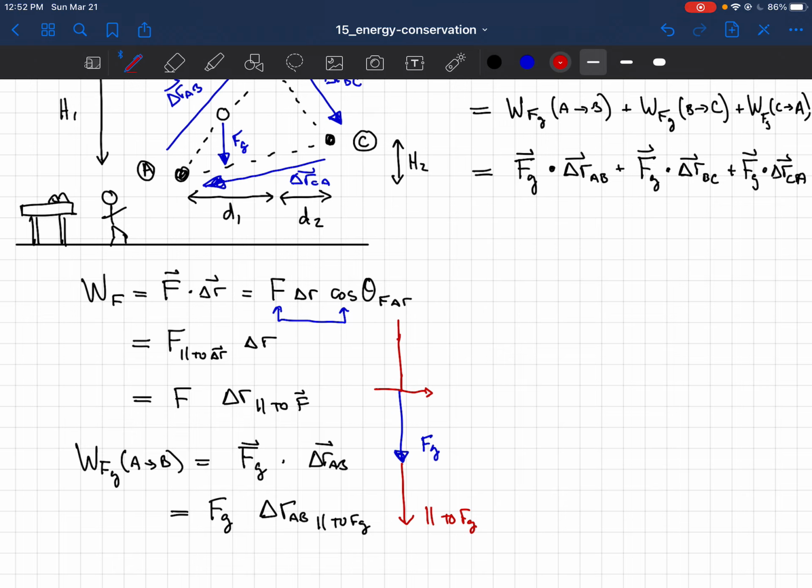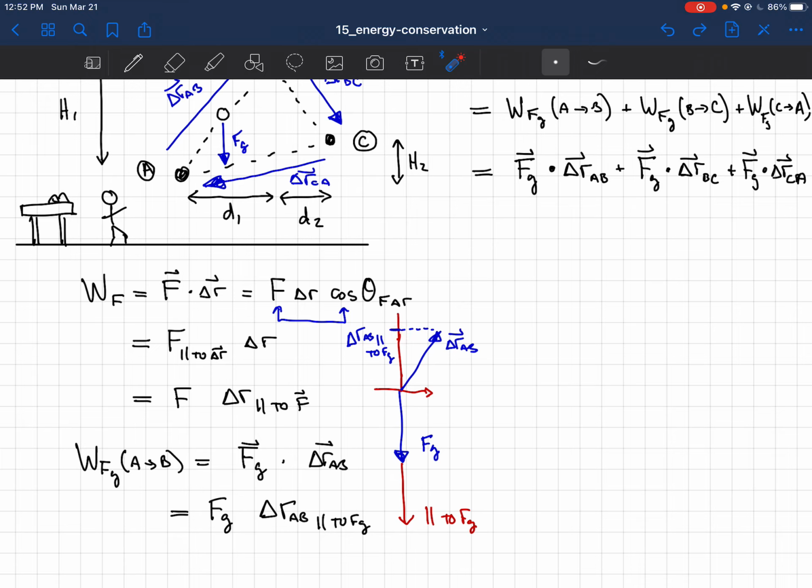Then we look at the delta RAB vector, and the delta RAB vector looks something like this. And you see that its component is this number right here. Well, that number is a negative number, so let me just label that. That's going to be delta RAB parallel to Fg. That's the component of the delta RAB vector in the direction parallel to Fg.